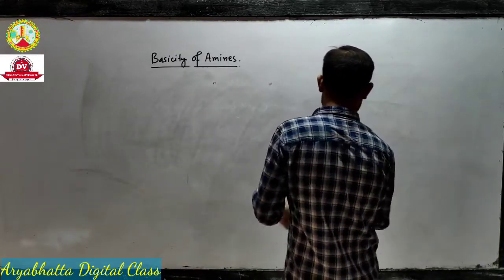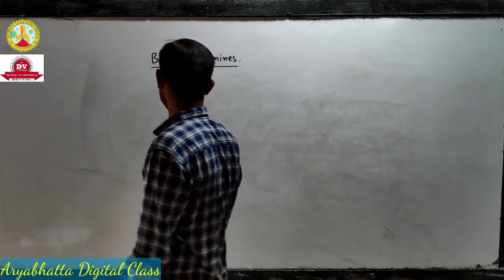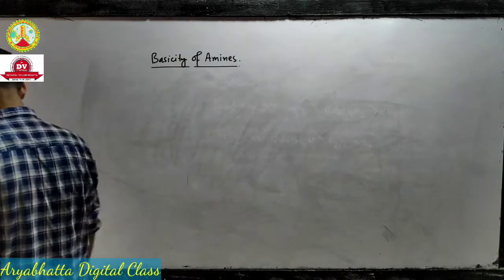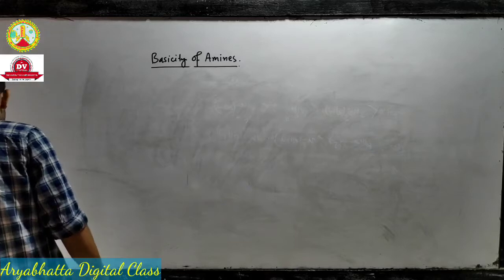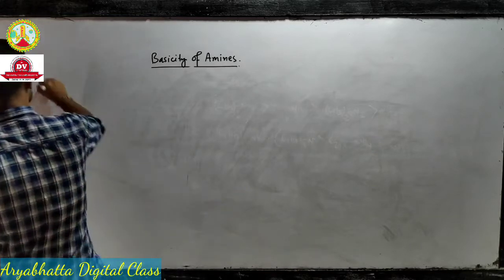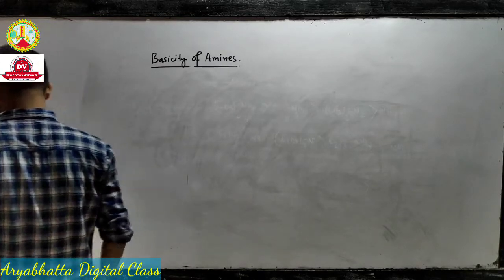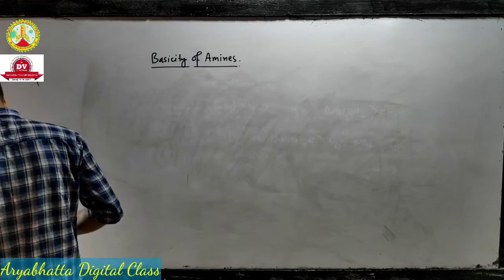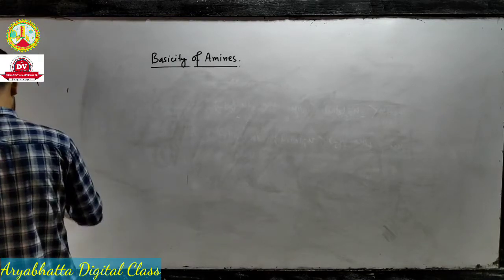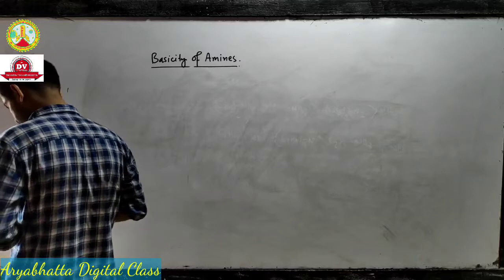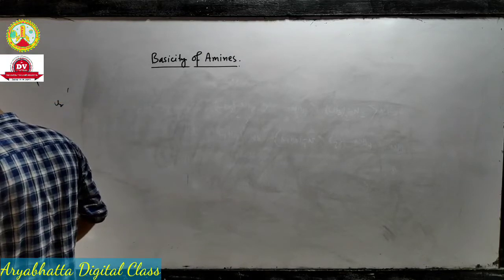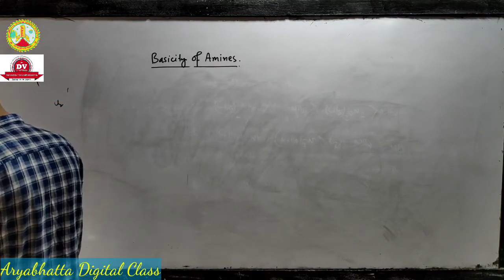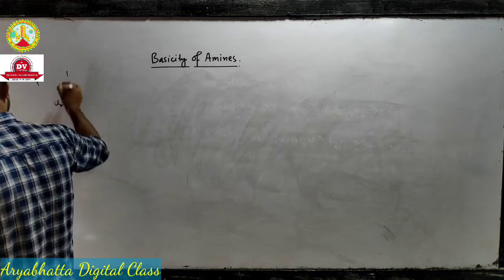Now we have discussed basicity of amines, 3 degree, 2 degree, 1 degree, but we have mainly discussed the basicity of aliphatic amines. The amines that we have discussed are aliphatic in nature.